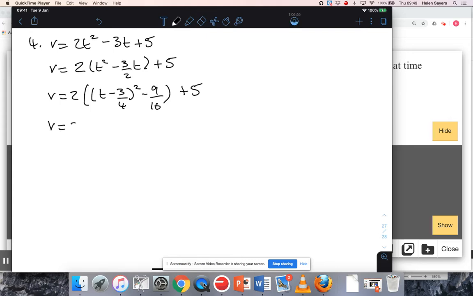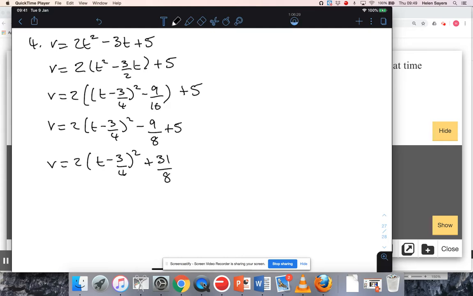Then I'm going to multiply through by the 2, and then tidy all that up. Like I said, if you're not really happy completing the square, you should practice that because you might be asked to do it. But you can get around that by using the quadratic solve mode on your calculator to get the vertex, and then just work it back from there.